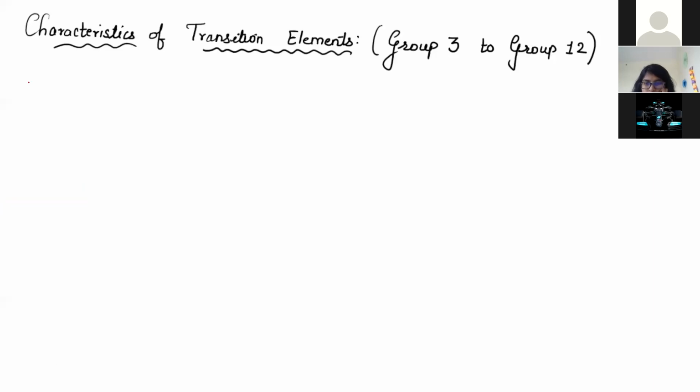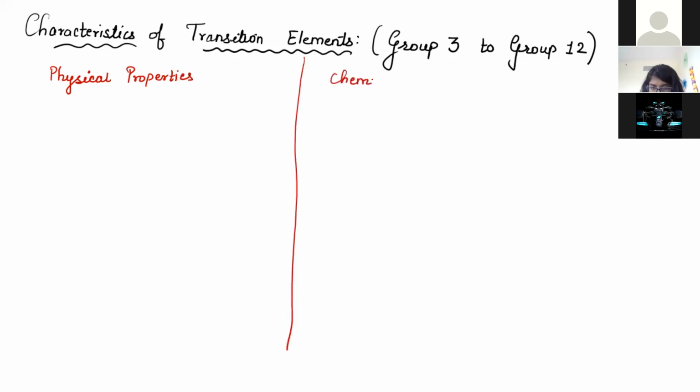We will be dividing the transition elements' characteristics into two categories: physical properties and chemical properties.